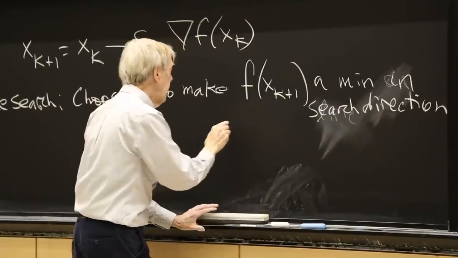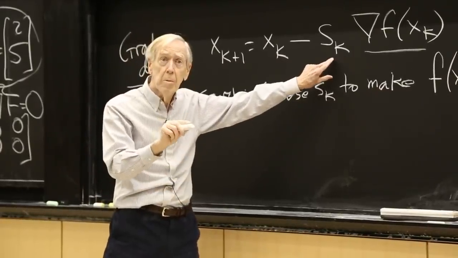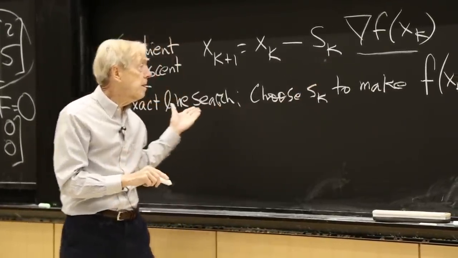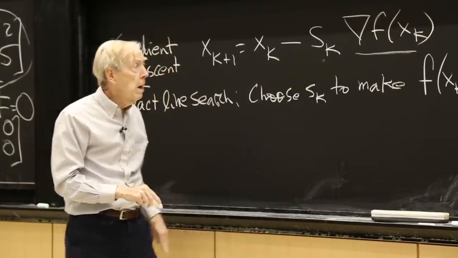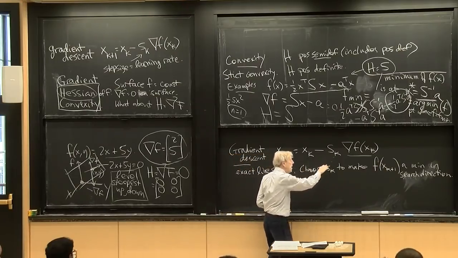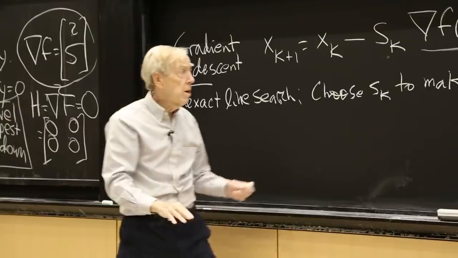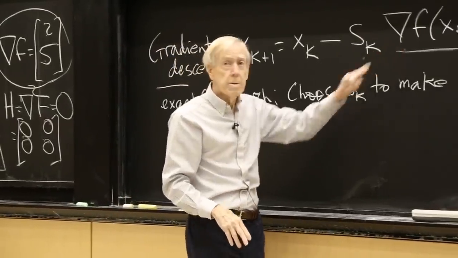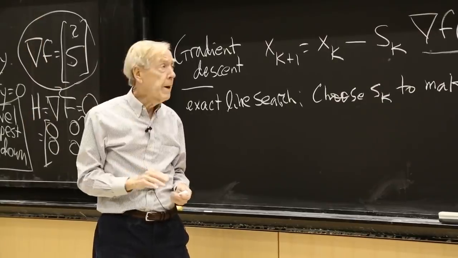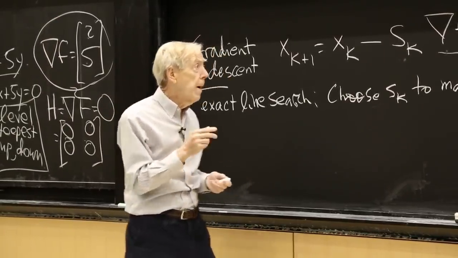The search direction is given by the gradient. That's the direction we're moving. This is the distance we're moving, or a measure of the distance we're moving. If I have a convex function, then as I move along this line, as I increase s_k, I'll see the function start down, because negative gradient means down, but at some point it'll turn up again, and an exact line search would find that point and stop there.